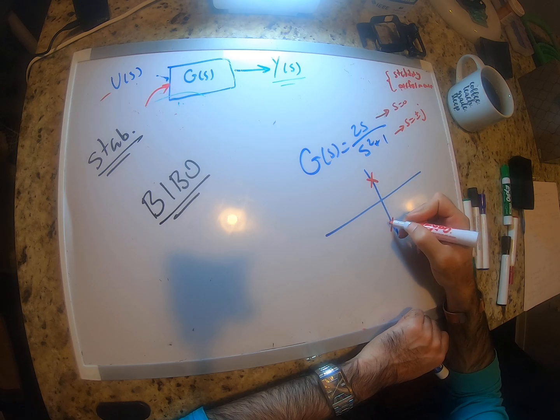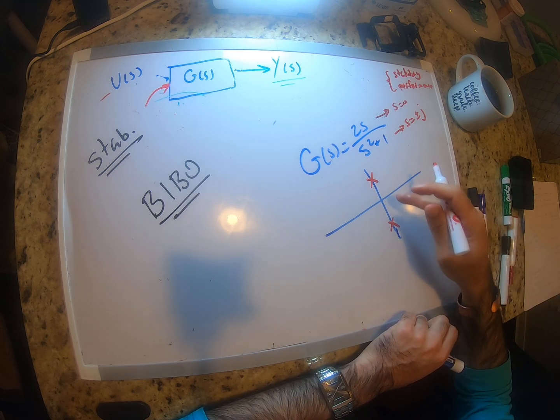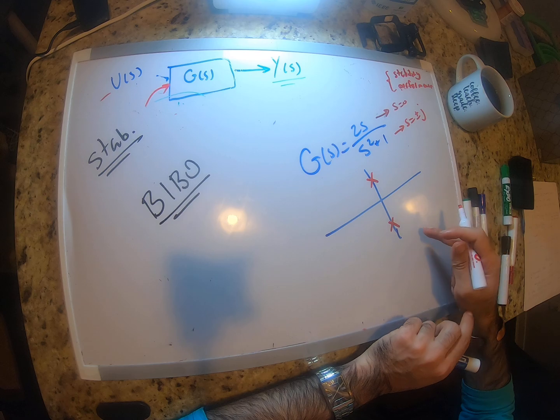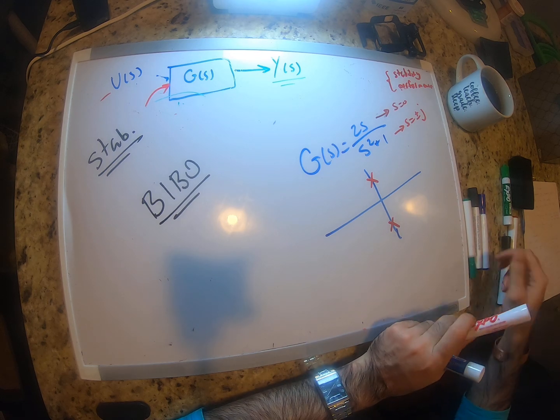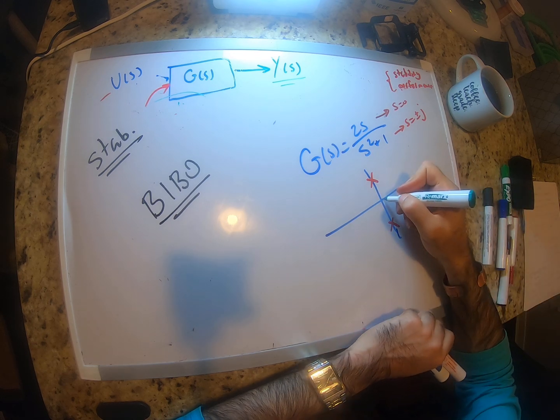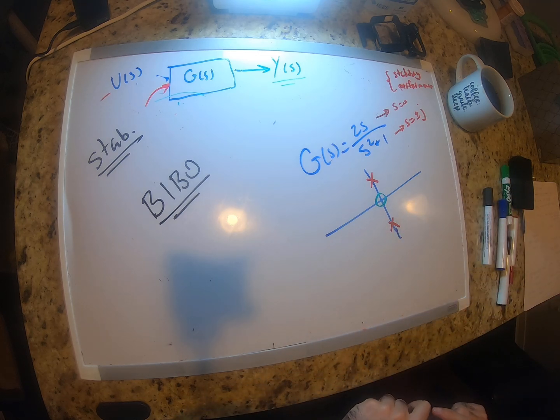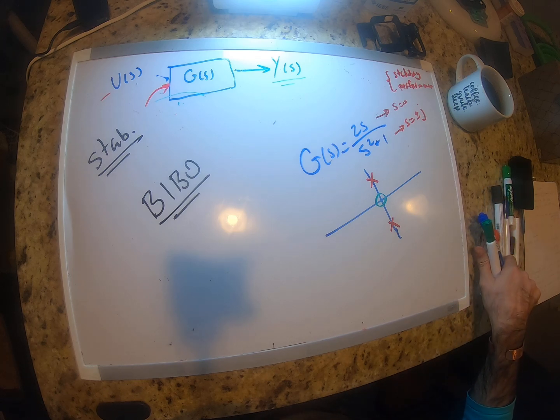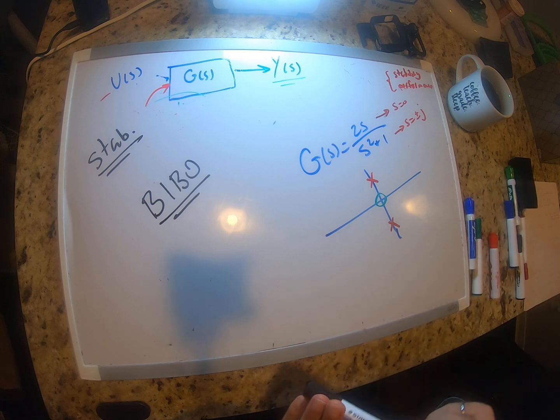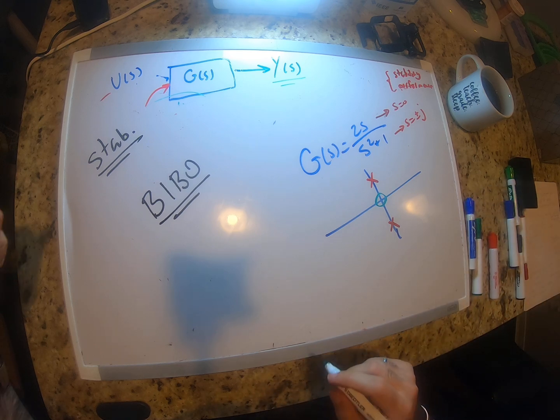So we have two poles here. Usually we show poles using a cross, and zeros using a circle. This is our transfer function.